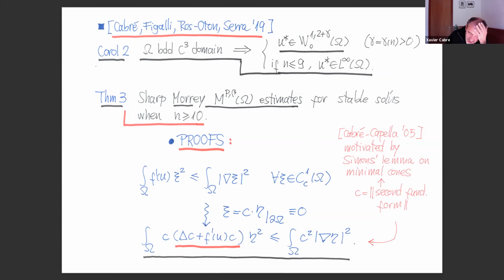In the Simons lemma on minimal cones, which is a very important result in minimal surfaces, what Simons takes is c equals the curvature of the cone or of the surface, the norm of the second fundamental form, of all the curvatures, right?